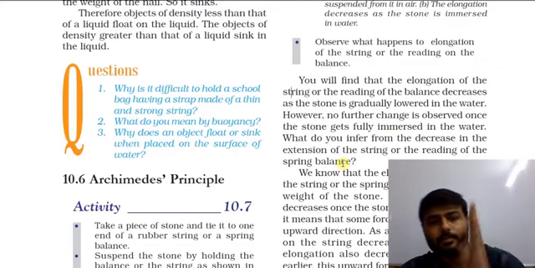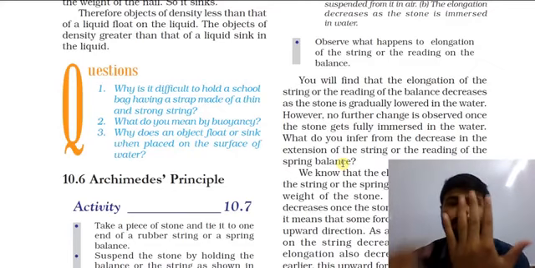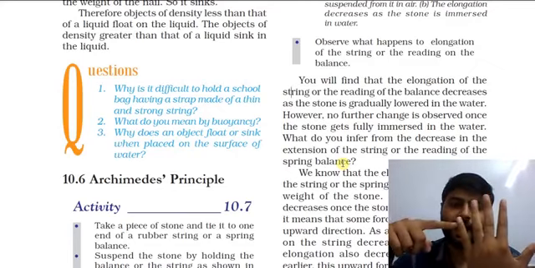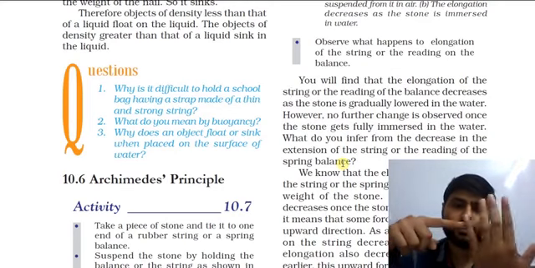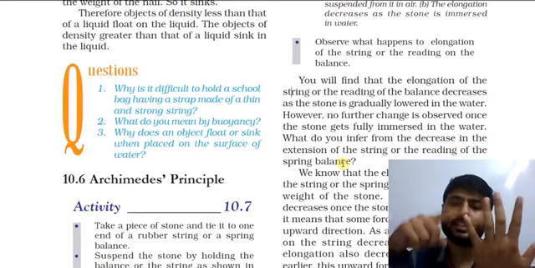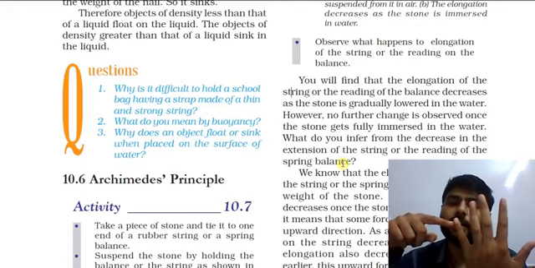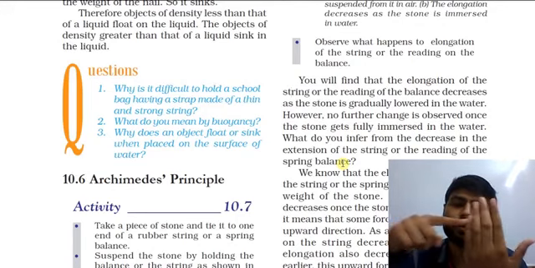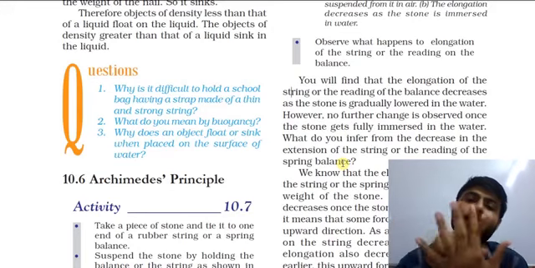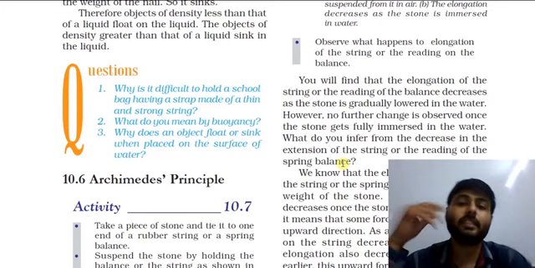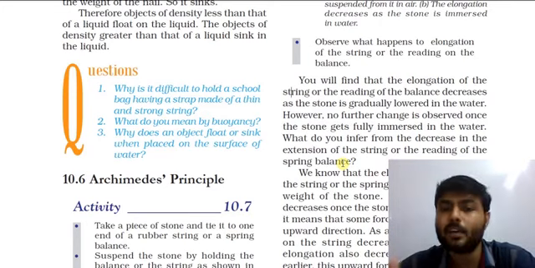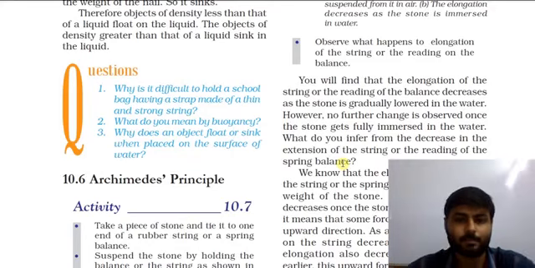For example, if I have these four objects and I apply force like this, what will happen? I applied force on this object only, but these three also feel this force. Why? Because as I applied this force, it will transmit to all these objects. That is the transmission of force by one object to another object.